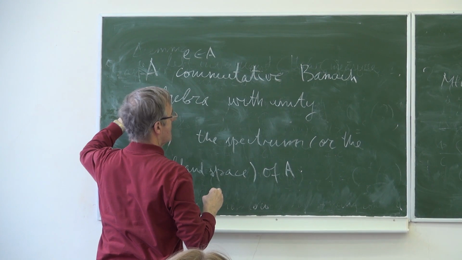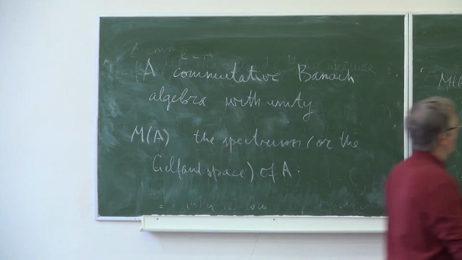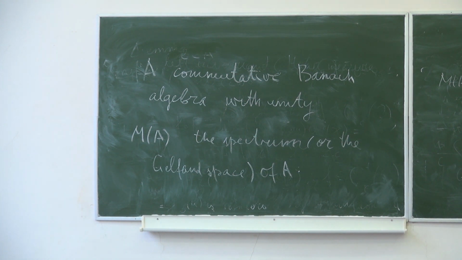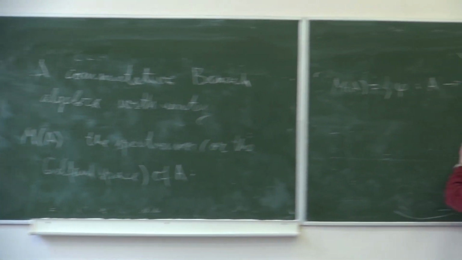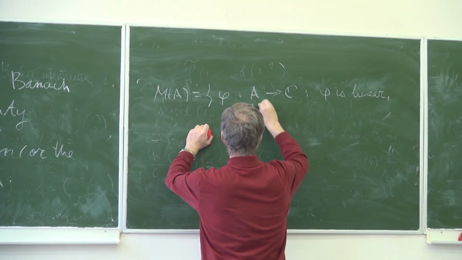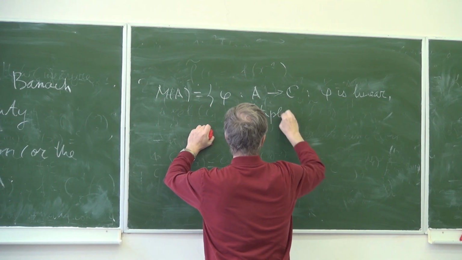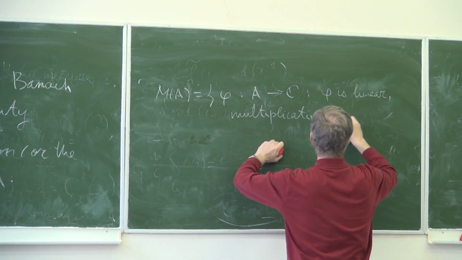So phi is linear, multiplicative, and non-zero.